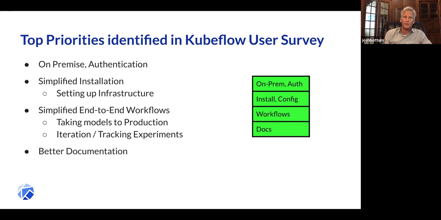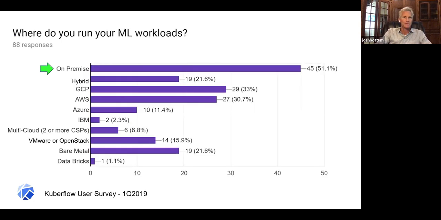People wanted it easier to set up infrastructure and to take models to production, to have iteration and tracking of experiments be more comprehensive and easier, and then of course to have better documentation. So on the right here, you can see a green box, and we try to identify as we go through which features flow into these themes.